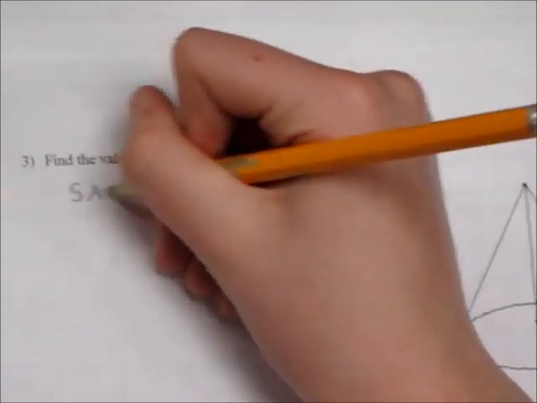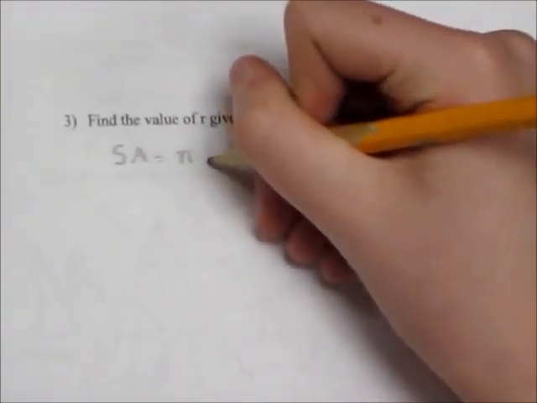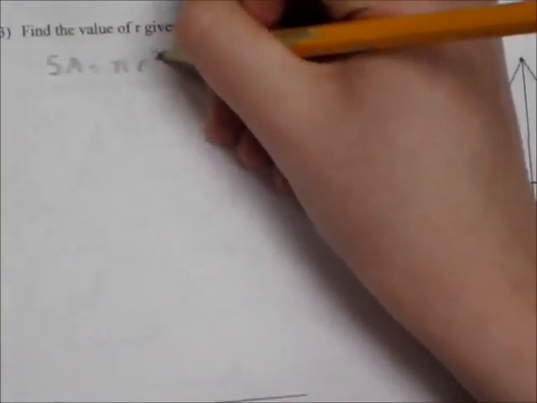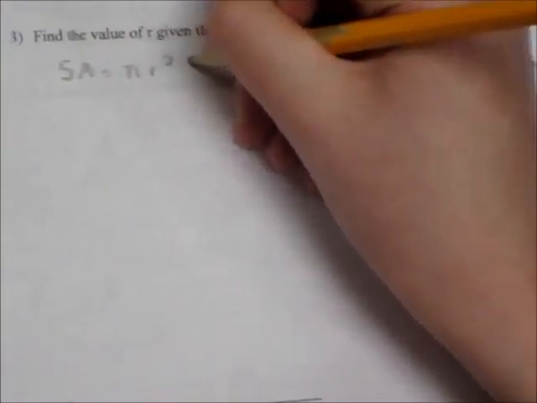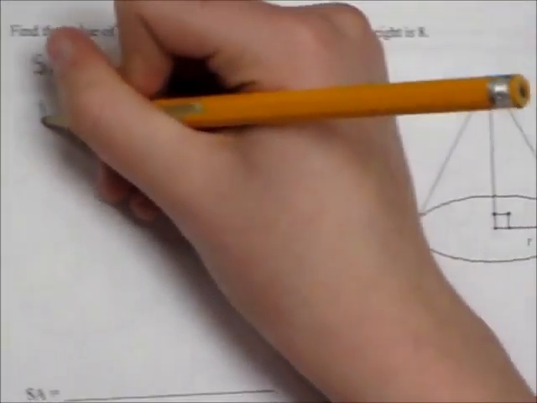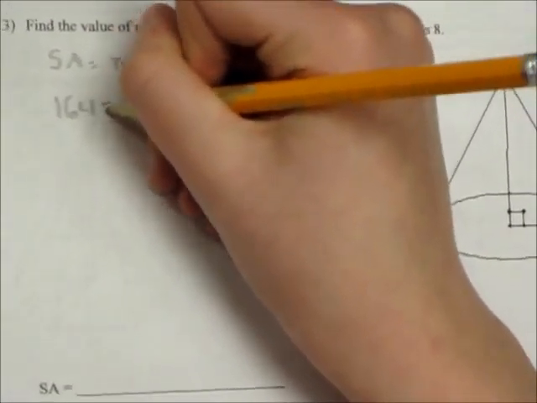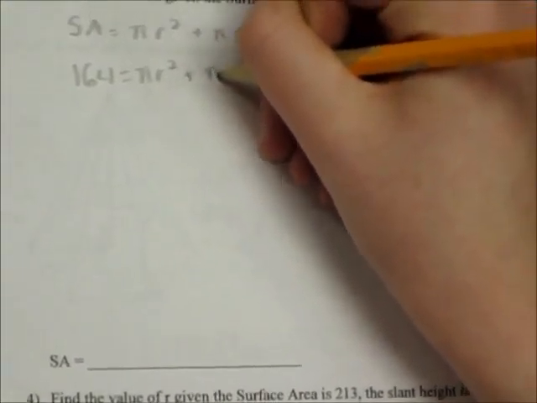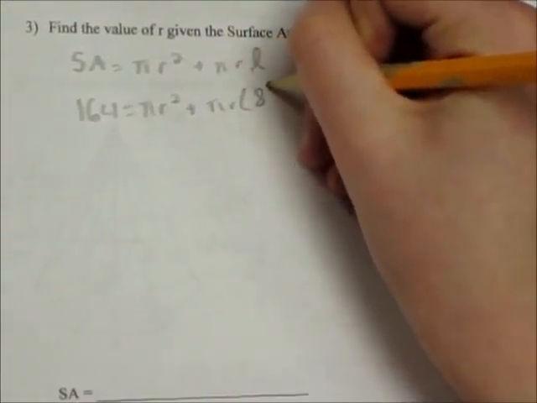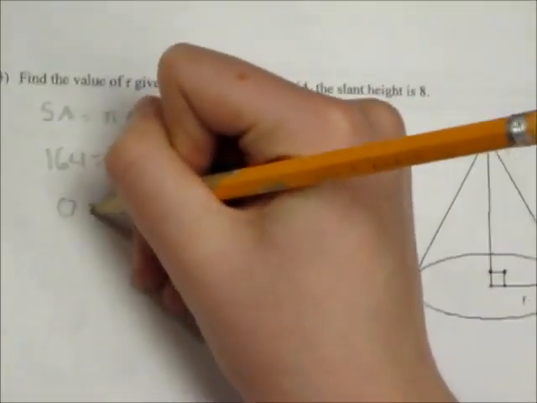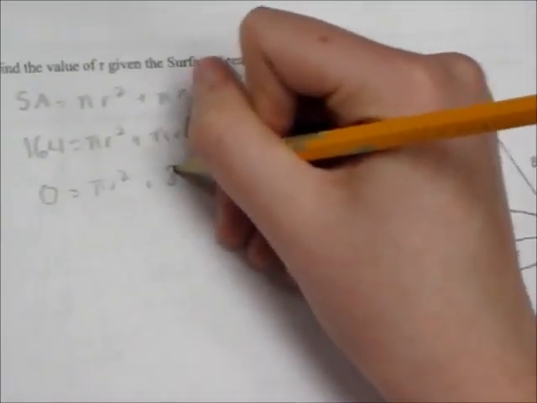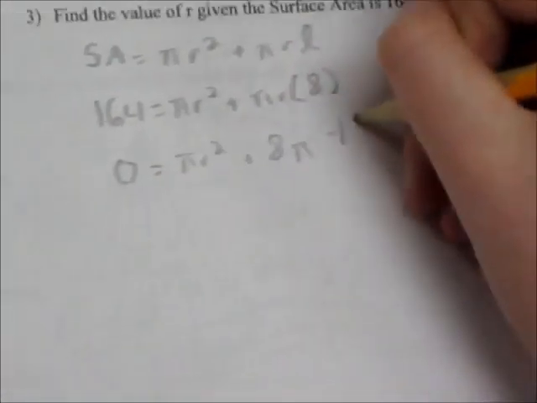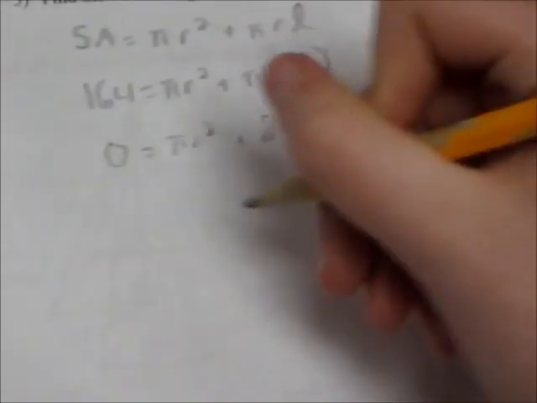On the flip side here, do number 3. Area of cone, but this time we're trying to find a leg of one of those triangles. So we just enter the radius as our missing value. Then we plug all our numbers in. We have 164 equals pi r squared plus pi r times slant height, which is 8. Then simplifying down, it's pi r squared plus 8 pi r minus 164. Again, you use the quadratic formula.